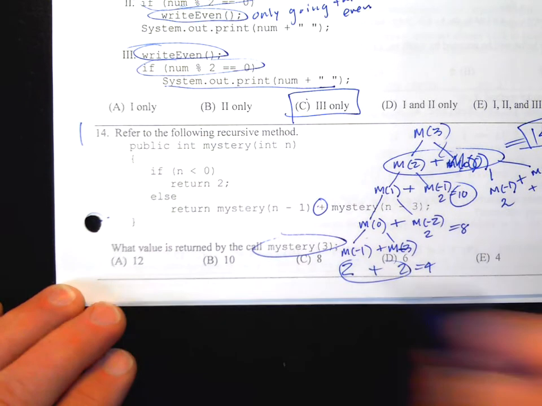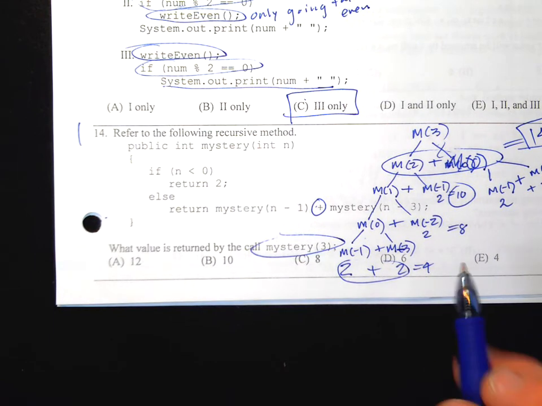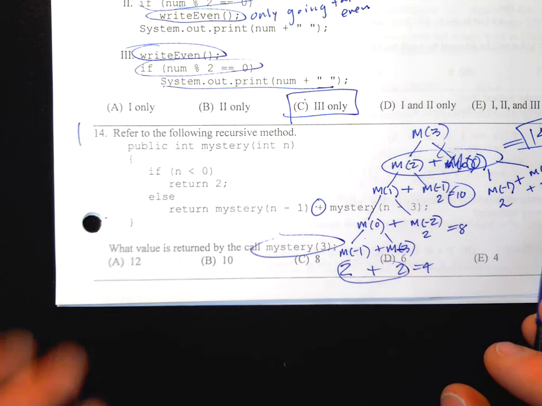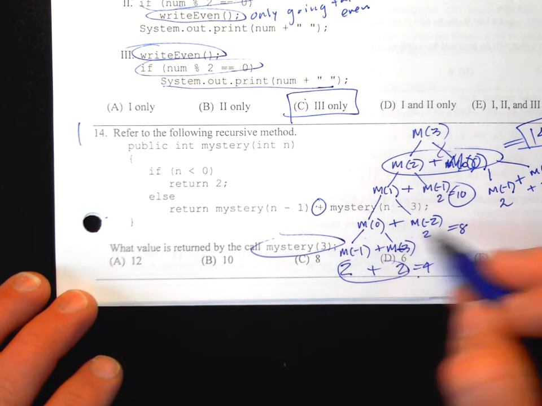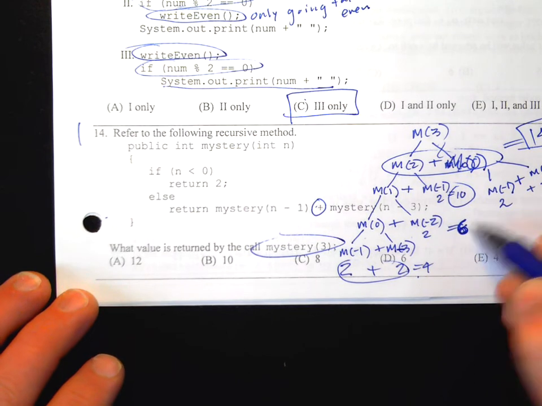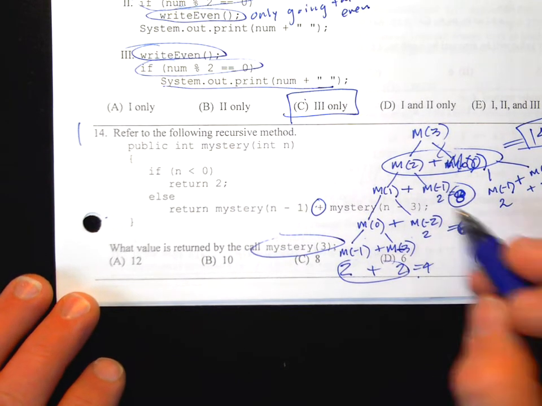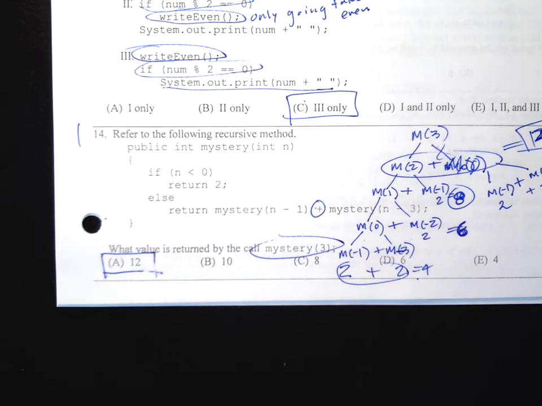The answer is, oh shoot, what did I mess up? Mystery 0, if n is greater... That's right, this returns a 4. 4 plus 2 is 6, and then 6 plus 2 is 8, and then 8 plus 4 is 12. At least my answer wasn't there, so I knew I did something wrong.